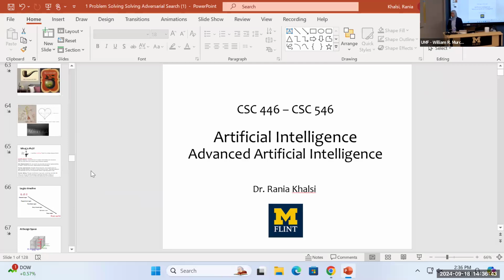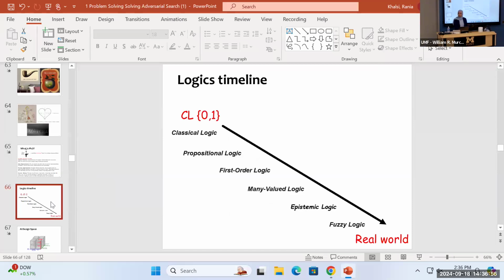Just to summarize what we did last time, we were still in the context of search problems, but moving from search algorithms and adversarial search to the knowledge representation part. It was an introduction in which we went through both knowledge representation and uncertainty.